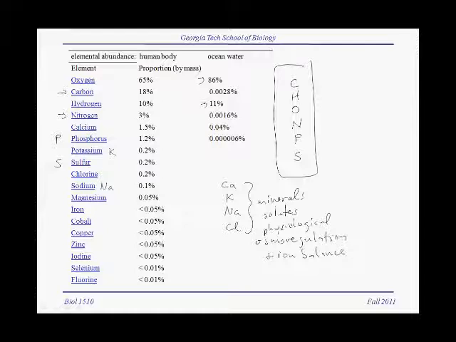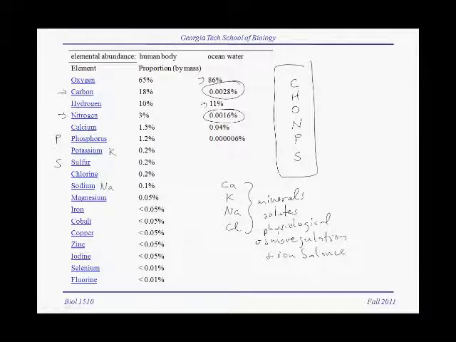Okay? Another is nitrogen. So both carbon and nitrogen are much more rare in the ocean water, and they're also much more rare in the crust than you would find in the human body. Now, nitrogen is abundant in the air, but as dinitrogen. So in terms of the molecules of life, these 6 elements are the most important.